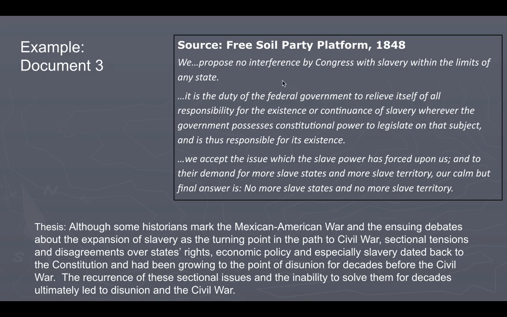But they do believe that slavery should not exist, and that any place the government does have constitutional power, they should legislate on that subject. So, for example, in open territories, like everything that was won during the Mexican-American War, none of those were states yet. So, technically, in their eyes, the federal government could say that slavery could not exist there.